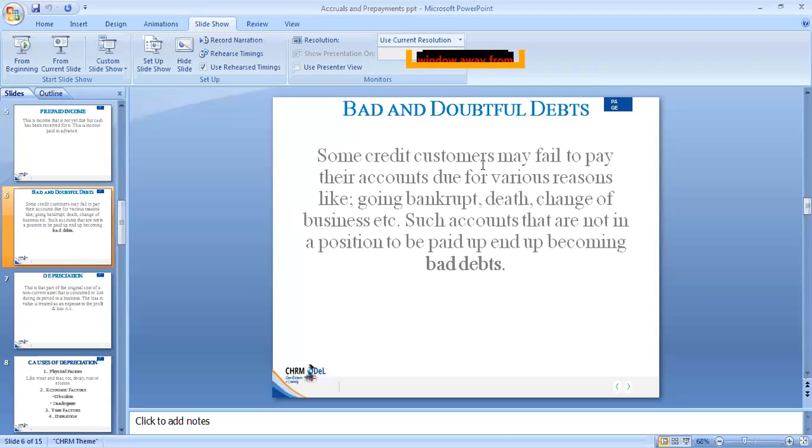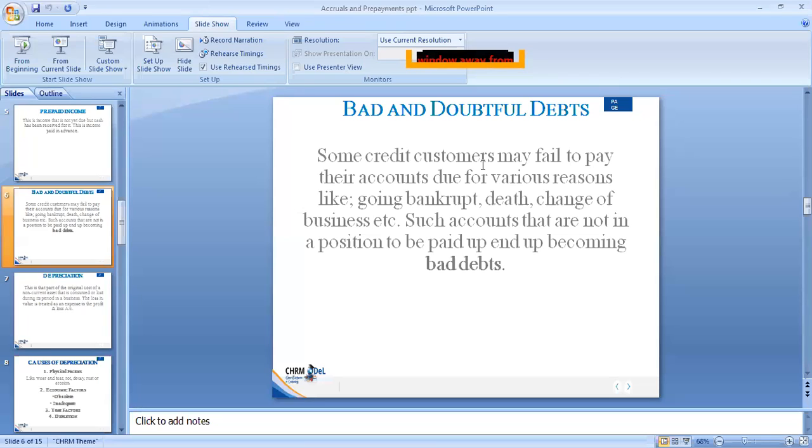If you had estimated 25,000 is not going to be paid, and you find that maybe 26,000 is not going to be received, there is only an increase of 1,000. The provision was 25,000, you have confirmed 26,000 is not going to be received. So the actual is above the provision by only 1,000.